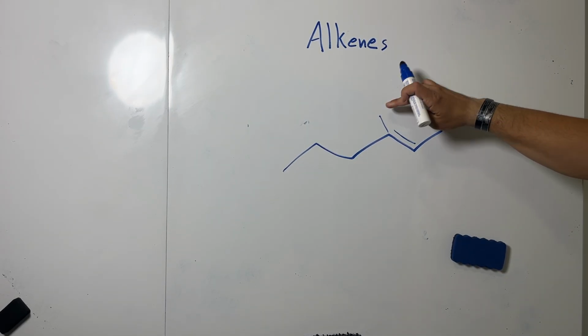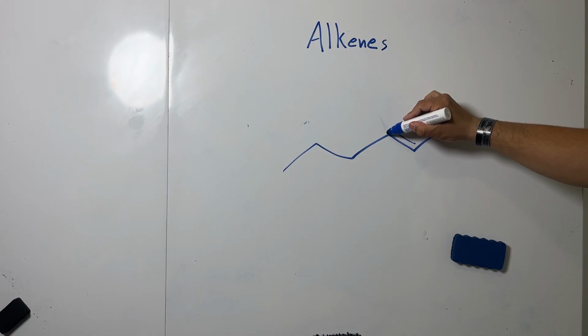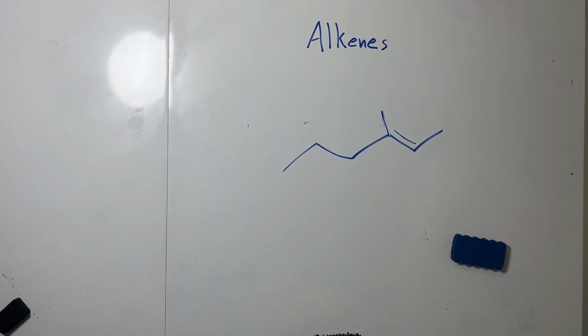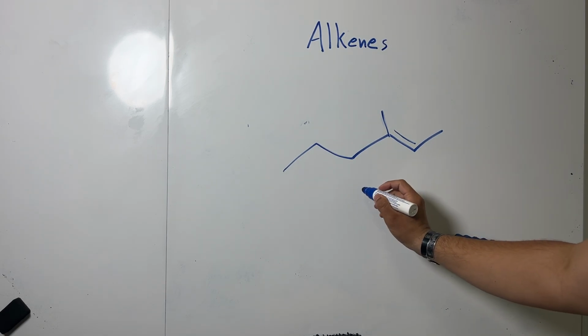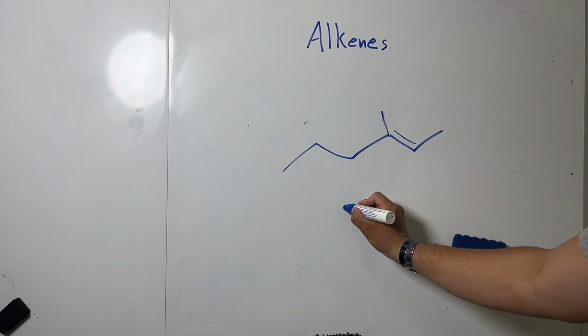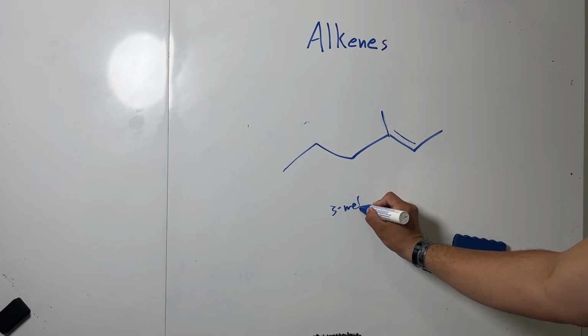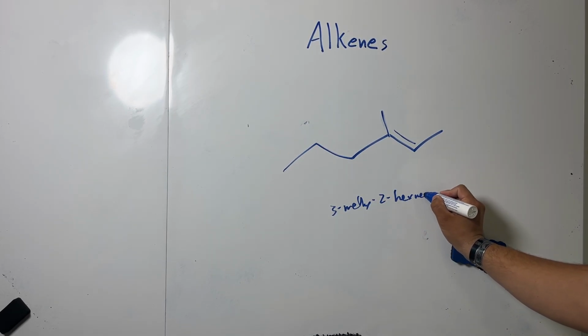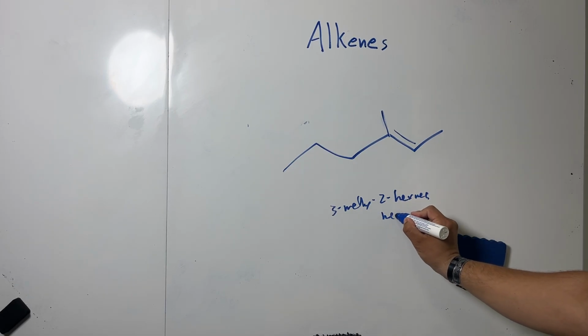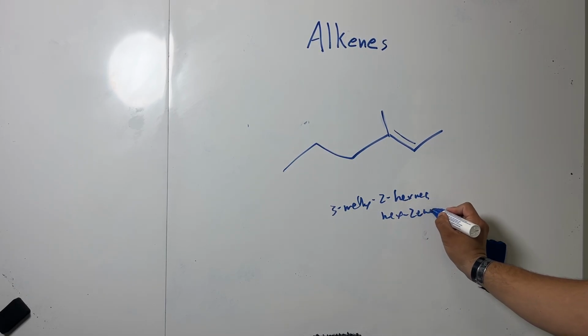And now we have a methyl group right here. Like I said, we name this as a substituent. And this would be 3-methyl-2-hexene. Or you could say 3-methylhex-2-ene.